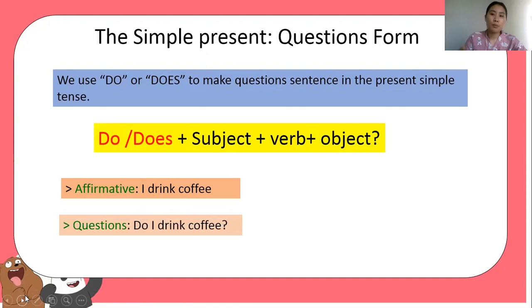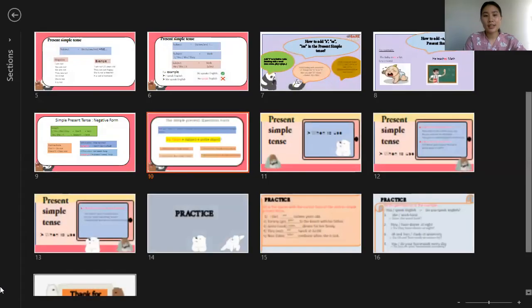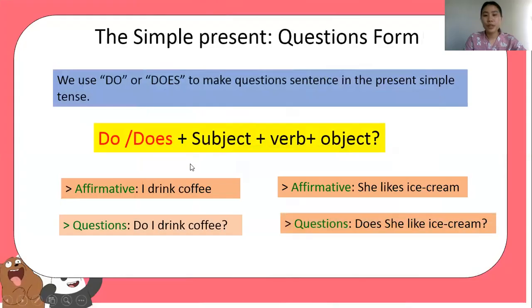I put do: Do I drink coffee? It becomes the question form. And another example, affirmative: She agrees. So to make the question form, I put does in front of she.